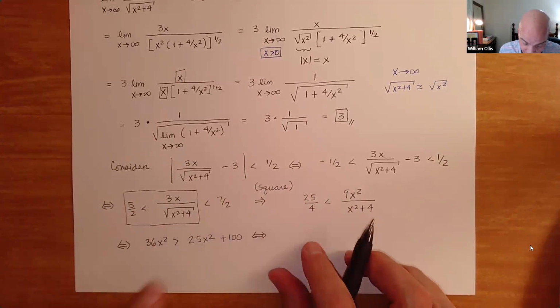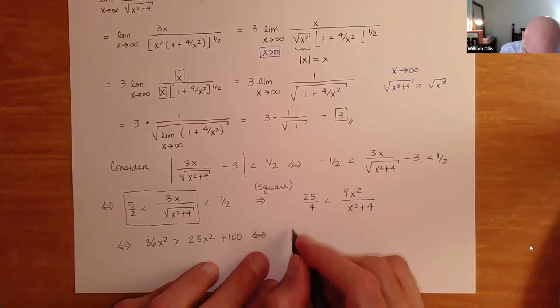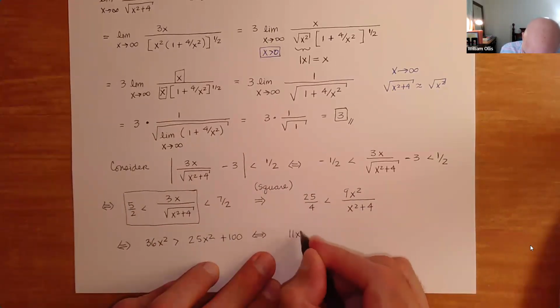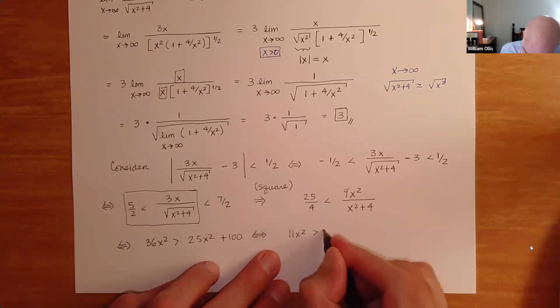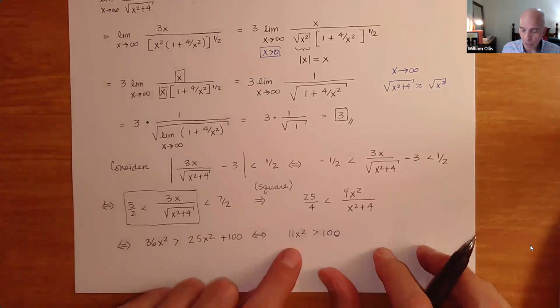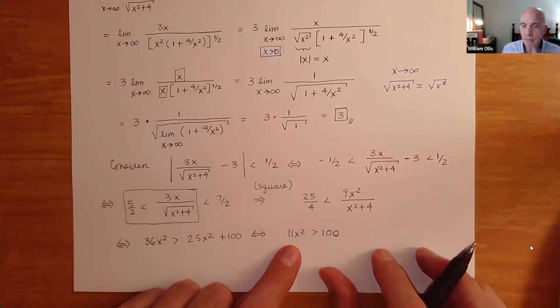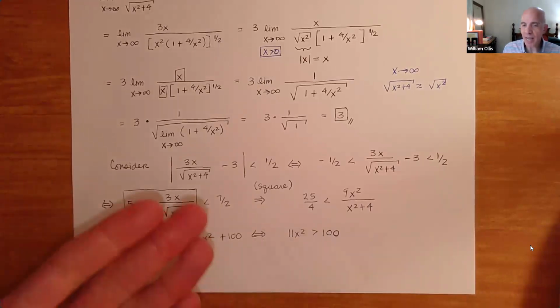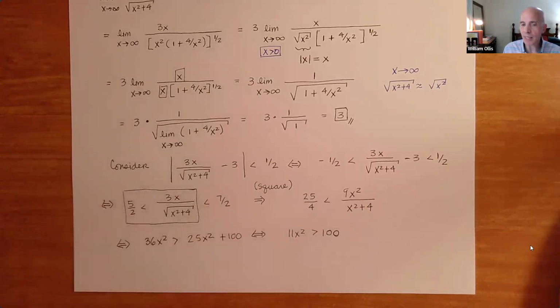And now if we subtract, we just have an 11x squared that should be greater than 100. Now, at this point, we are interested in values of x. Right now we've got an inequality, but we want to focus on values of x that are actually positive.